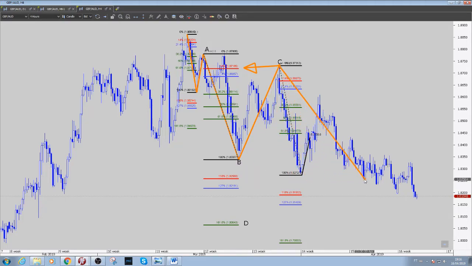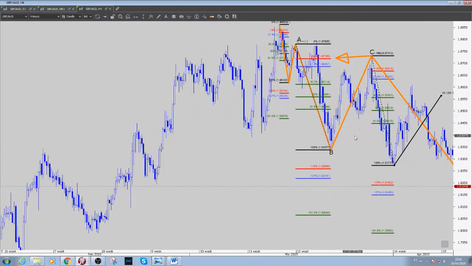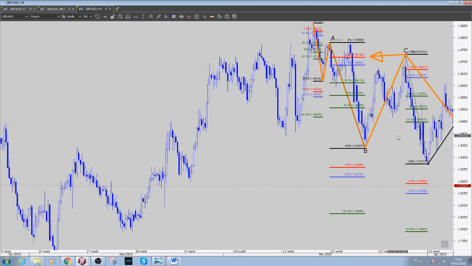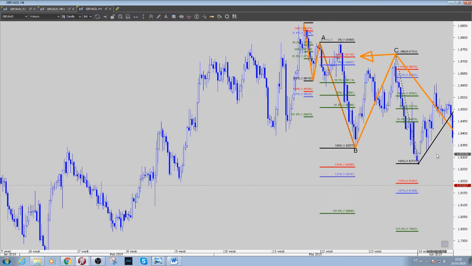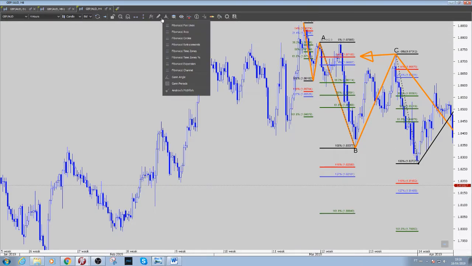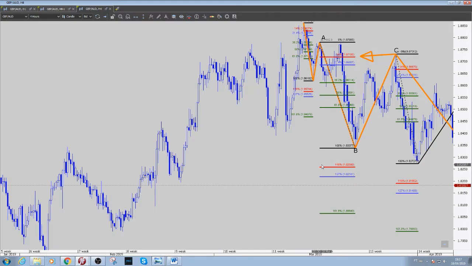Did the market hit the red level and closed with the low? Yes, it did, right? So when this happens, if I would have traded this, like a trading exercise, if I would have traded this confirmation Fibonacci, my take profit is in here.